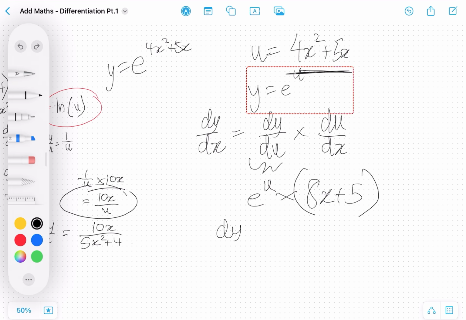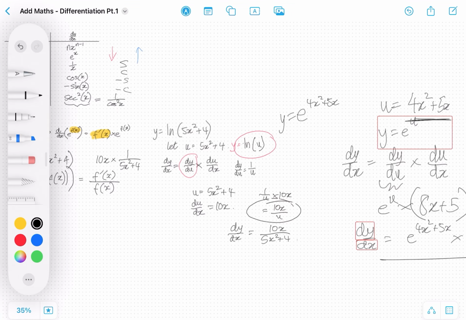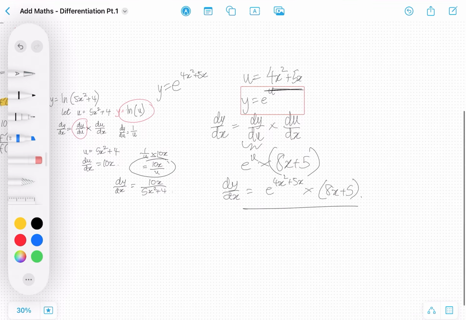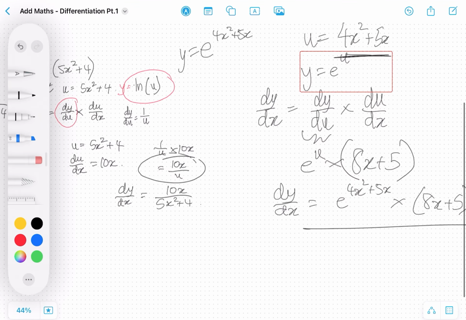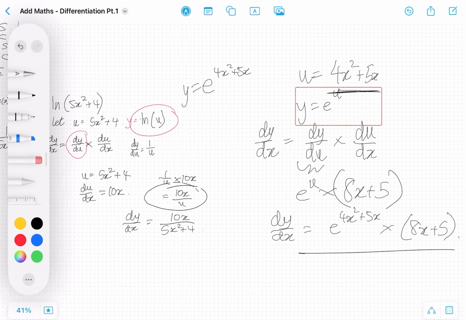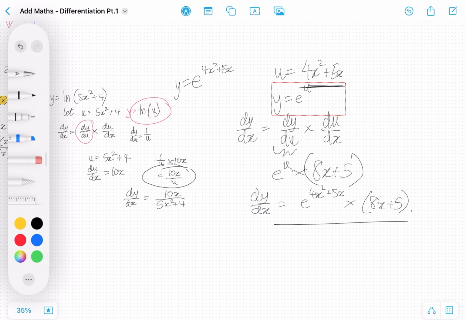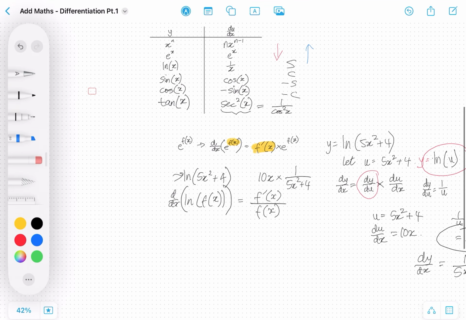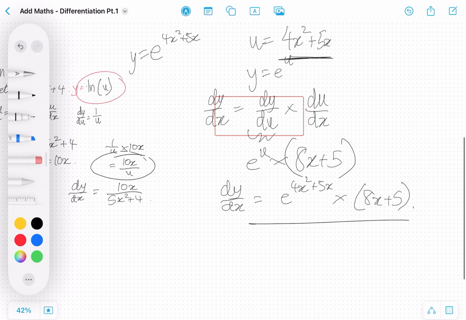And so we find that dy by dx is equal to e to the power of 4x squared plus 5x times 8x plus 5. And that's why the rule works here. So again, it's a very good thing to remember the proof of why each of these works, because this will help you actually understand the content rather than just memorizing these rules.